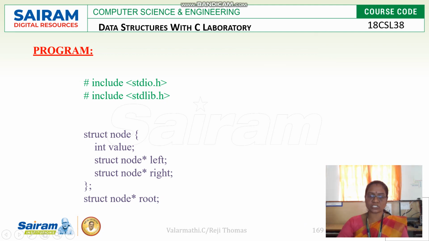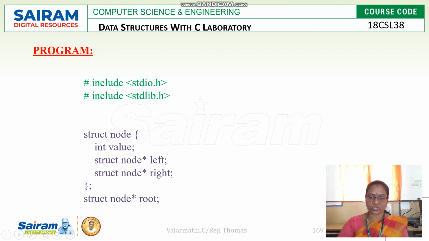First step is the inclusion of header files. The header files required for this program are stdio.h and stdlib.h. Those two header files are included here. Then the next step is to declare a node. We know the common statement for declaring a node.